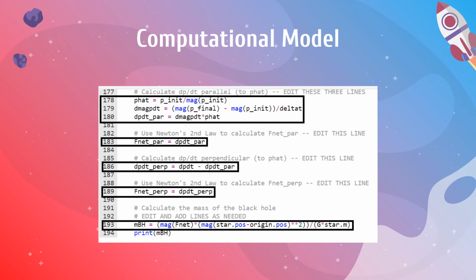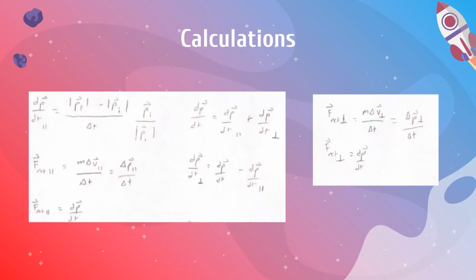Because dp dt is equal to the sum of the parallel and perpendicular components, dp dt perpendicular can be written as dp dt minus dp dt parallel. Again, by Newton's second law, it is shown that F net perpendicular is equal to dp dt perpendicular. Now that we have determined the net force exerted upon the star by the black hole, Newton's universal law of gravitation can be rearranged to find the mass of the black hole.